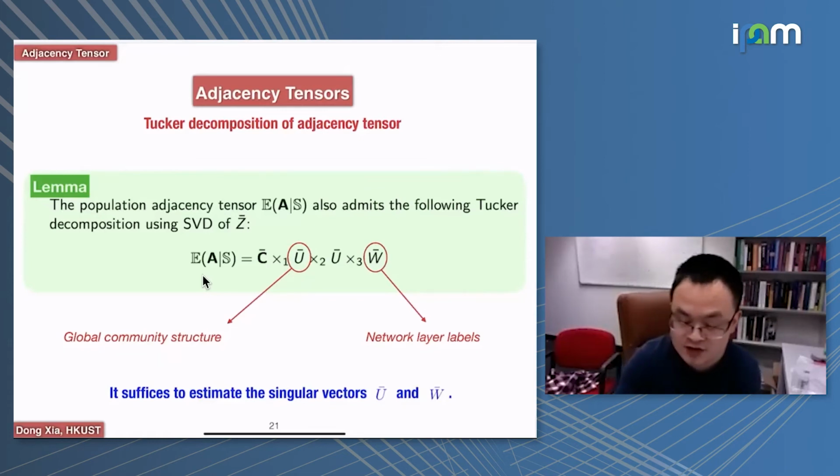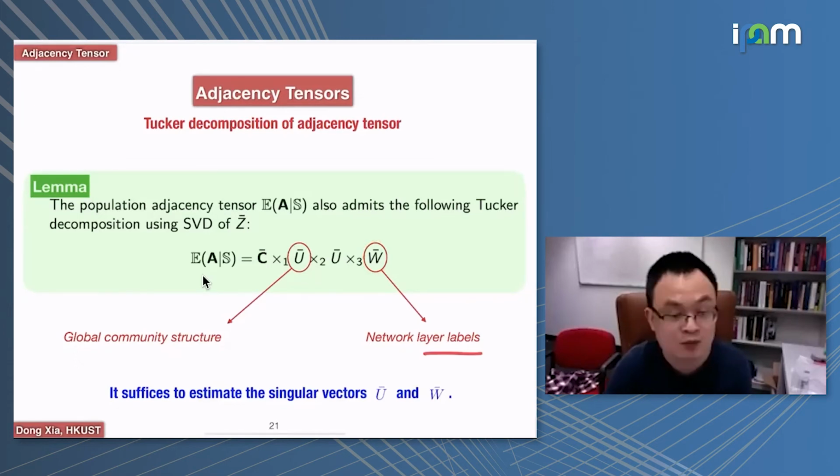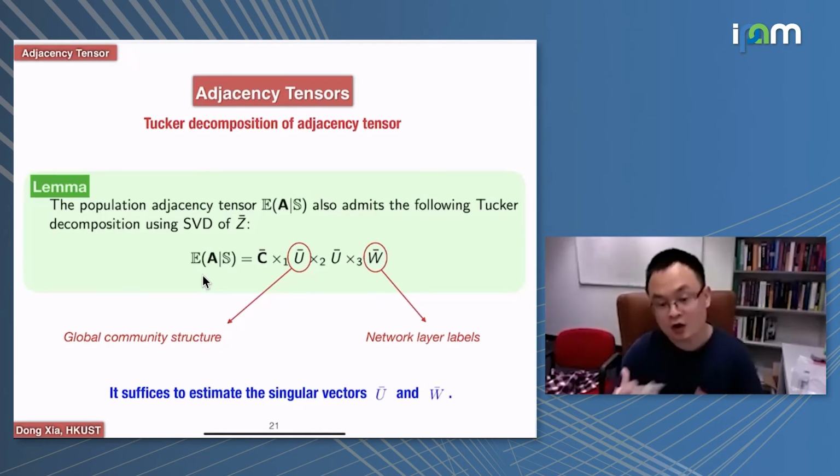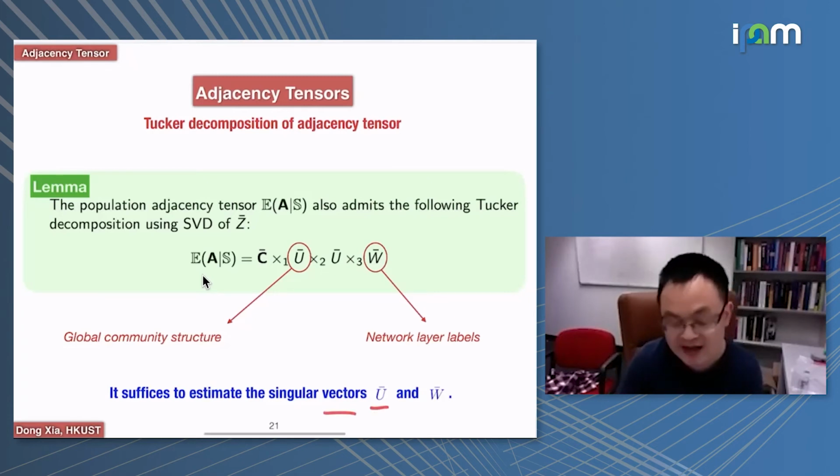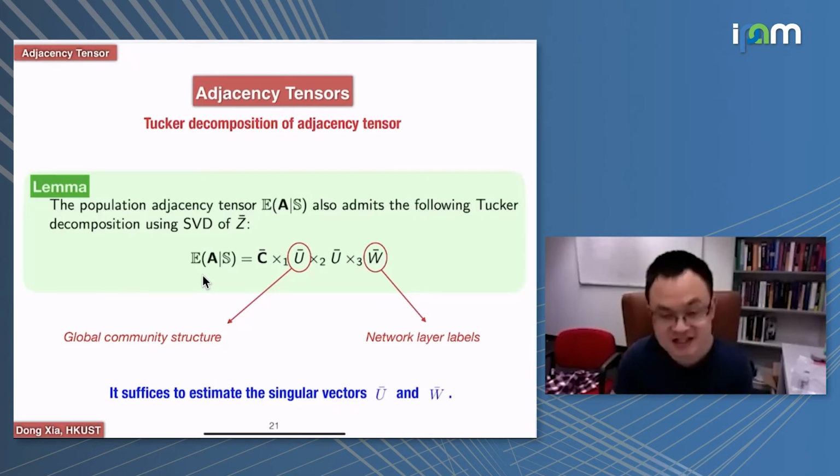Also, the singular vectors in the third dimension provide the information about the layer labels. In other words, our goals can be achieved if we can recover the singular vectors U bar and W bar of this expected tensor.